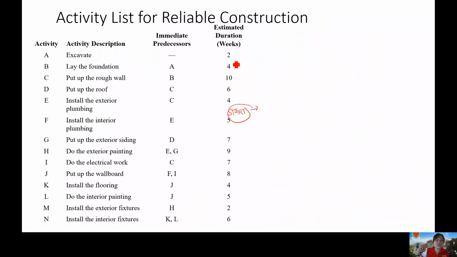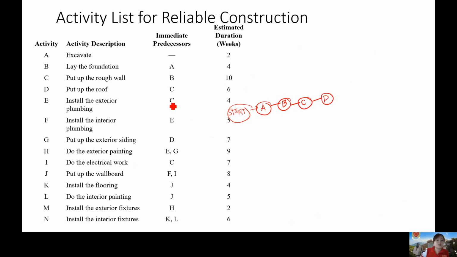The first activity is A. The next activity after A is B, and it should be after A. Next is C, which is after B. Then D, which is after C.